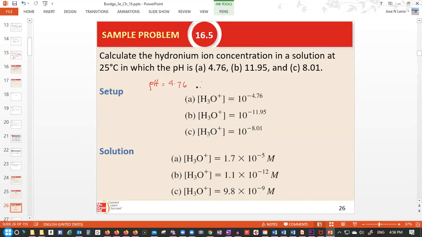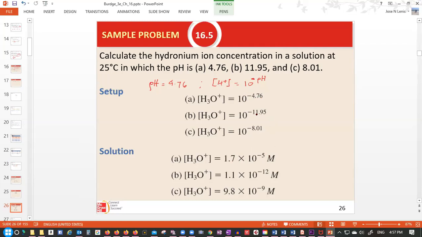And what are we looking for? We're looking for concentration, which is 10 to the negative pH. So for the first case, 10 to the negative 4.76. Don't forget to write this negative here. It's very important. And so on and so forth. So you do 10 to the negative 4.76, you plug it in your calculator and you get 1.7 times 10 to the negative 5.